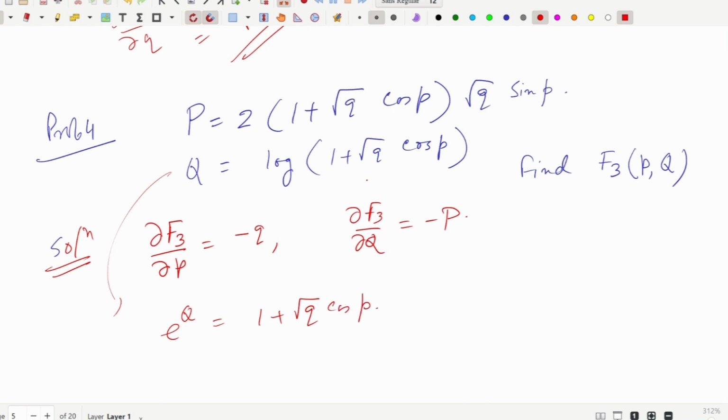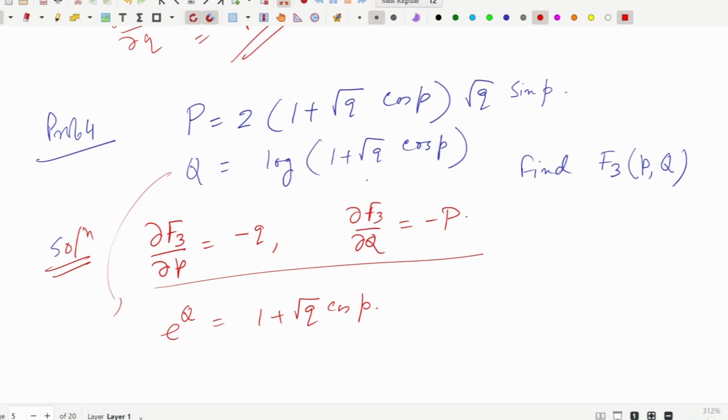We have to use these two equations carefully.